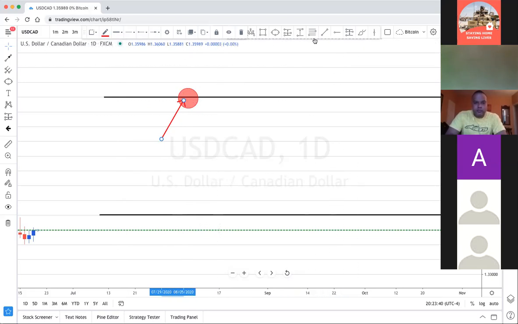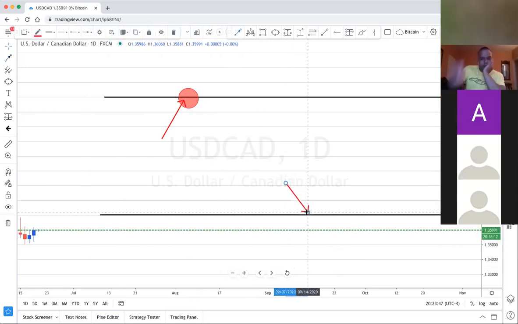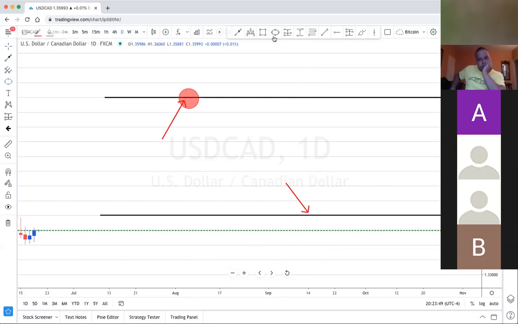Now, if price is dropping to a level down here, what is that called? What is this area called? If price is dropping to a key area, support.